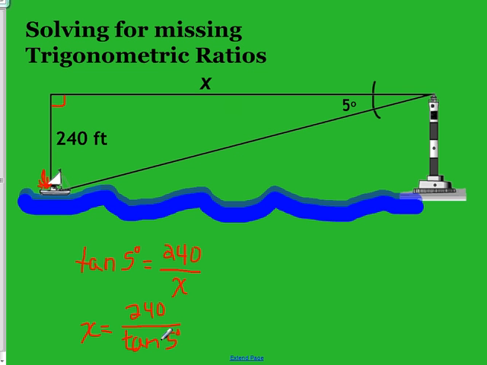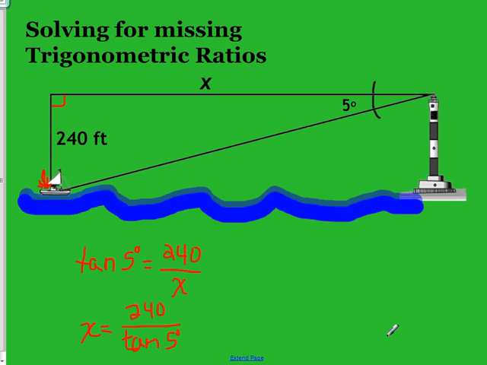What you're going to do is type into your calculator 240 divided by, press the tangent button, and a little half parenthesis will pop up. You put in the angle measurement, which is 5 in this case, close the parentheses, hit equal, and you should get an answer.